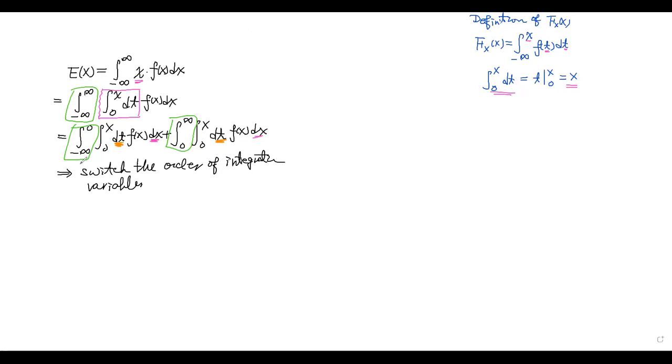Let's look at the first part: the integral from negative infinity to 0 of the integral from 0 to x dt, f of x dx. How do we change this one? It tells you t is from 0 to x, and x is from negative infinity to 0.